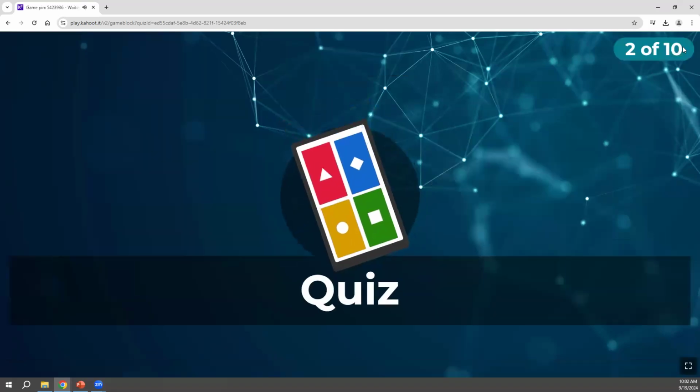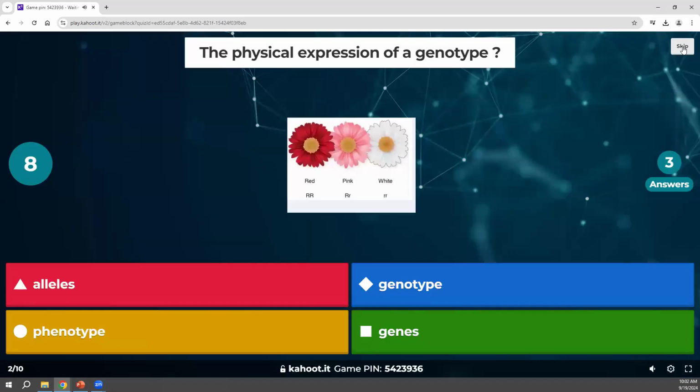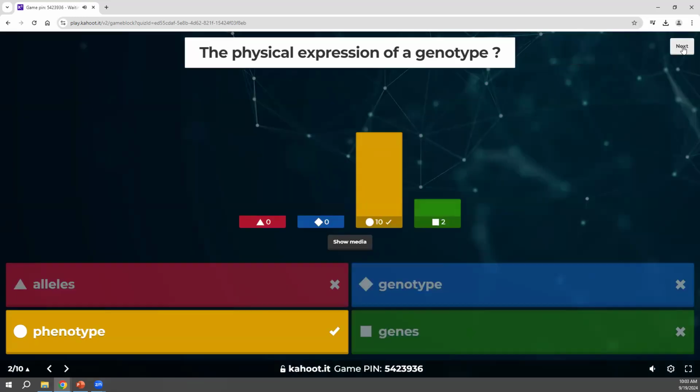All right, next question. We have the physical expression of a genotype. This is called a phenotype. I'm glad most of us remember that word, and we know the difference between those. Remember in that picture, it was showing us big R, big R, big R, little r, and whatever. Those had equally expressed alleles, which are different versions of genes.